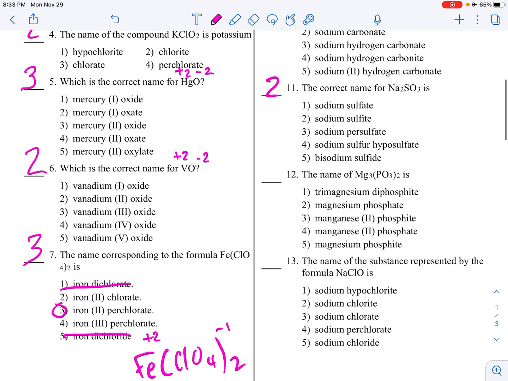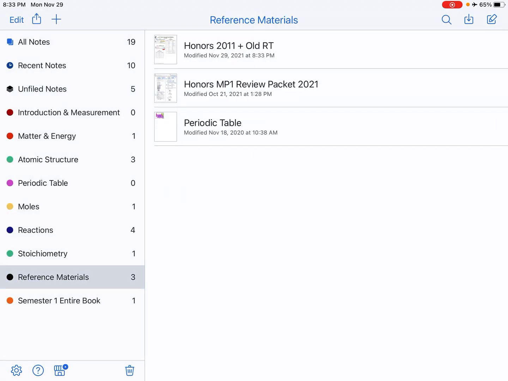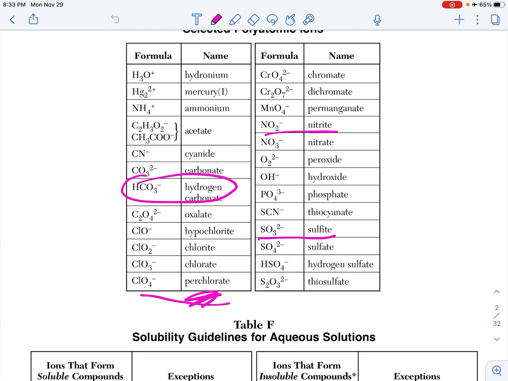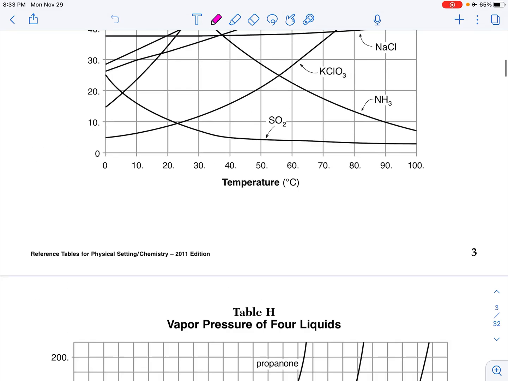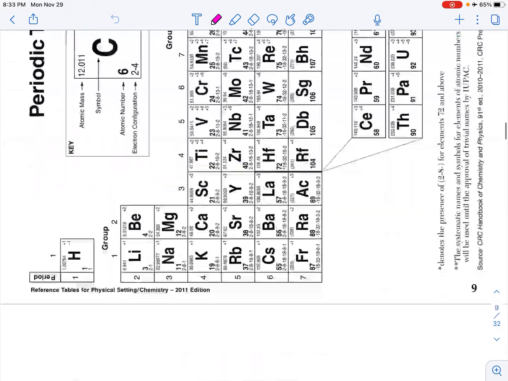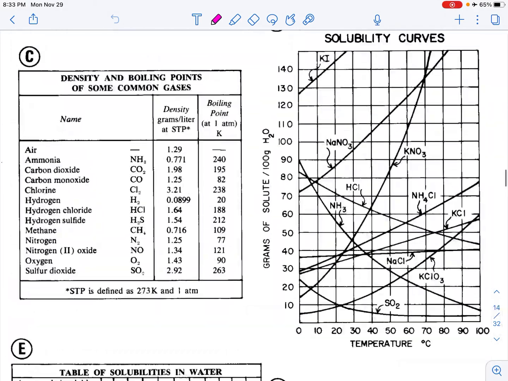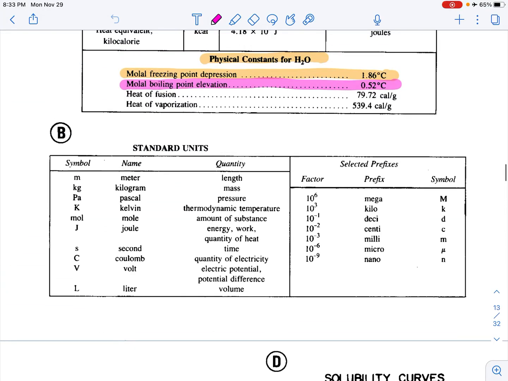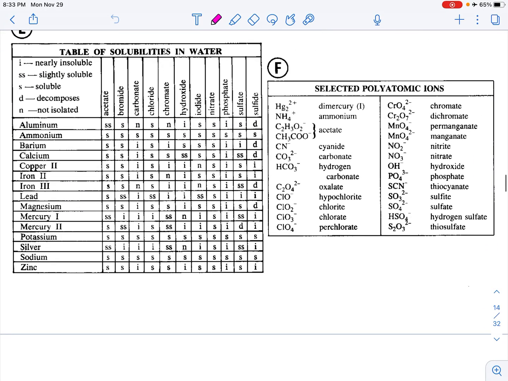Okay, so what is this? Magnesium, and then PO3. PO3 is, oh, shoot, it's not on here? That's a tricky one. It must be on the old reference tables. Let's take a look. Old reference tables. Okay, so here we are. PO3. It's not on this one either.